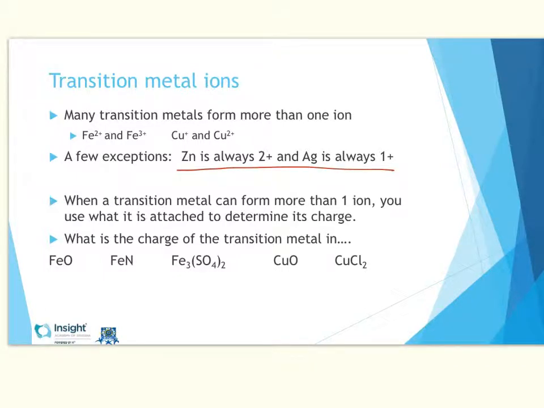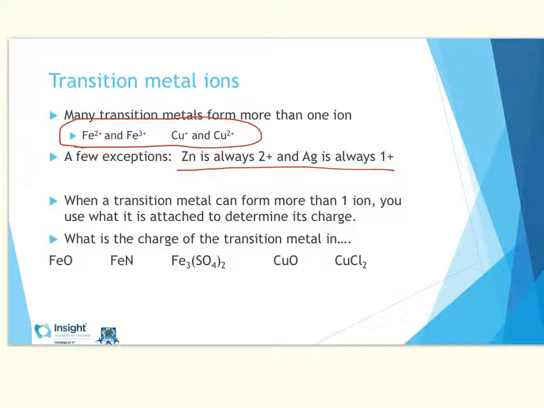Okay, zinc will always be 2+ and silver will always be 1+. But when you run into these guys, iron, copper, transition metals that can form more than one, and you will see this in the lab, you have to use what it's attached to figure out its charge. So, for example, down here we have FeO, iron oxide.